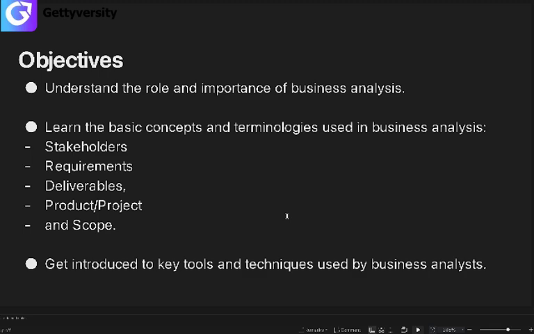So you can then communicate the timeline at which you're going to deliver a specific outcome, right? So this is basically known as the deliverables, right?